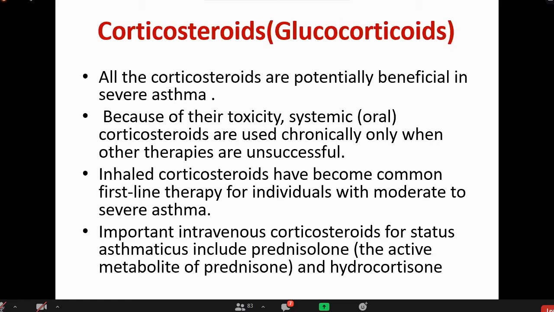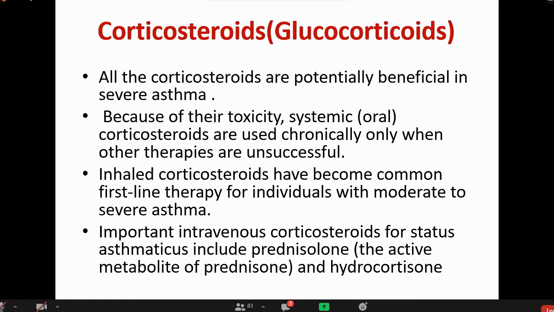Inhalational route, okay? Otherwise, generally we prefer to use the drug by oral route because it is easy to take, right? But in the case of corticosteroids, we preferably use the inhalational route, because if we use the glucocorticoids orally, what will happen?